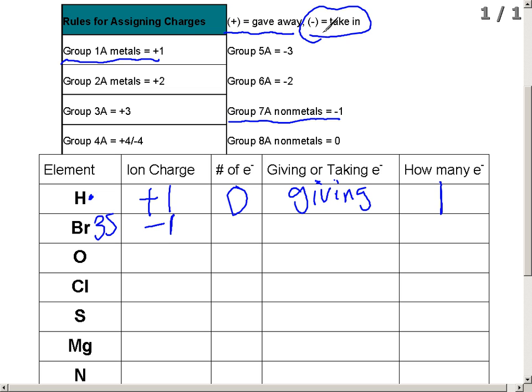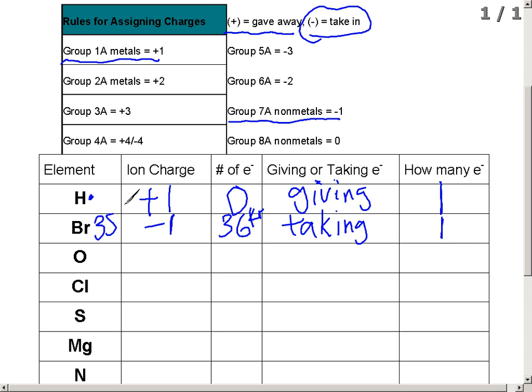It has a charge of -1 in its ion, meaning it will take in 1 electron. So it has in its ion 36 electrons. Just like krypton, its nearest noble gas. So it is taking electrons, and it took in 1 electron.